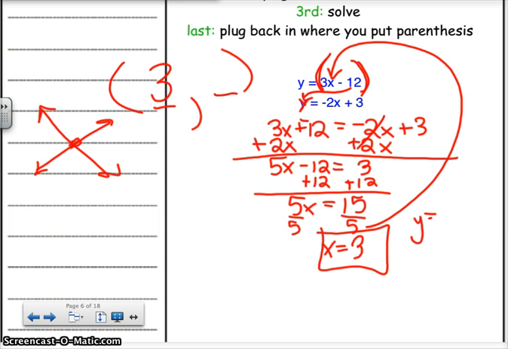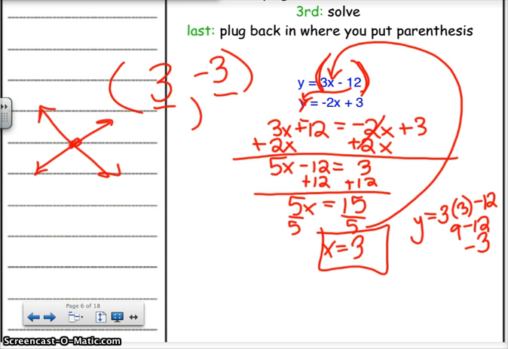Y then equals 3 times 3 minus 12. 9 minus 12, -3. So these two lines intersect at the point 3, negative 3. Because a solution to a system of equations is where two lines intersect, and they intersect at a point, x and y. My x is 3, y is negative 3.